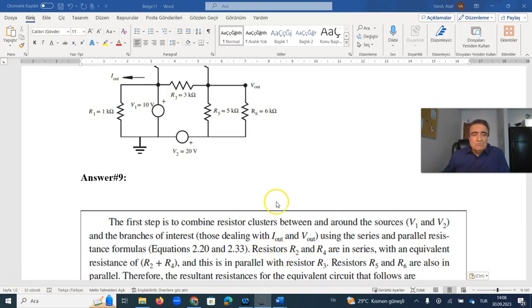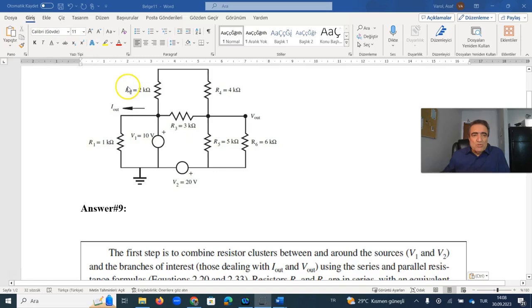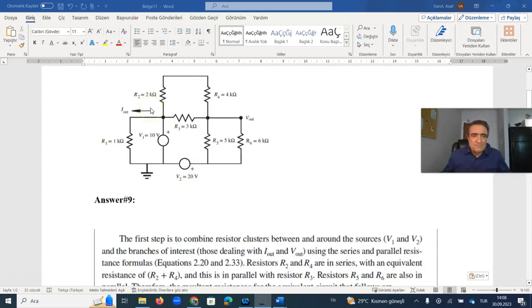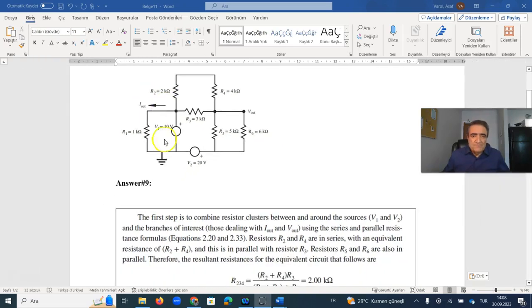Resistors R2 and R4 are in series. It is clear. I already spoke about it. With an equivalent resistance of R2 plus R4. You are just summing these two values.